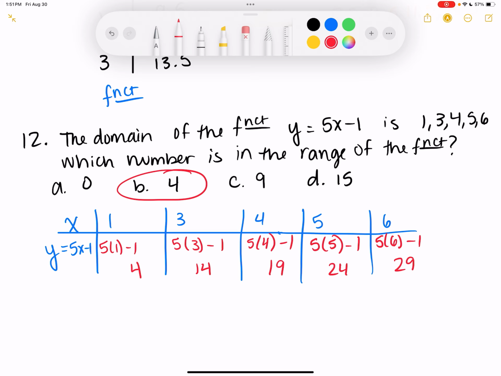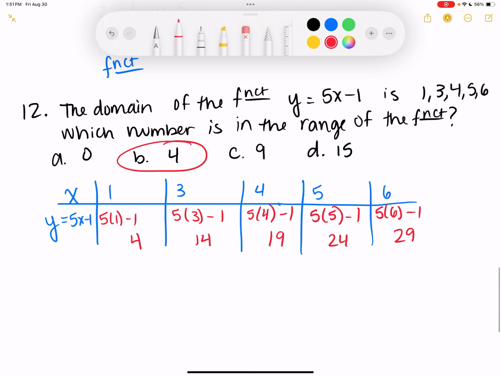Now, obviously, if you were doing this problem, since it's multiple choice, as soon as you get one that's up there, you don't have to keep going, but just for the sake of practice, we kept going. All right, make a table for the function, identify the range.